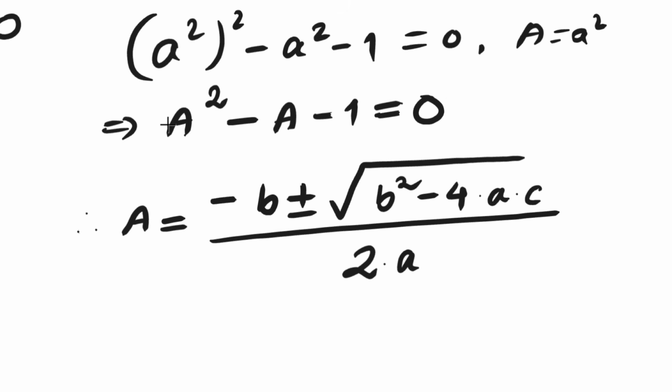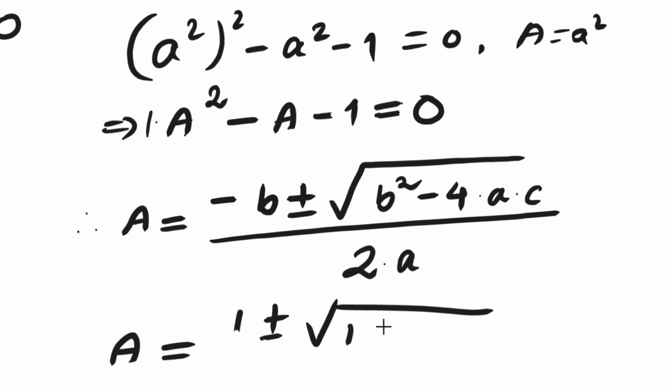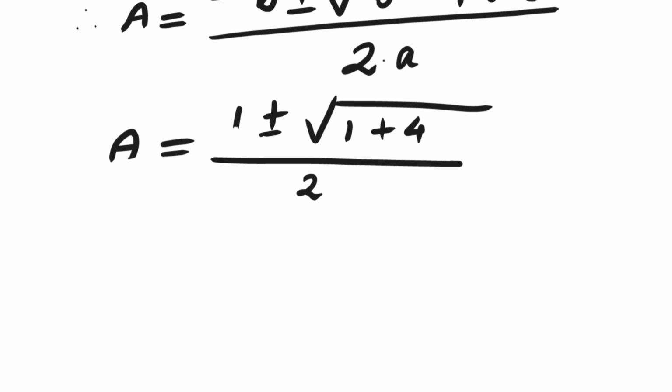Here, the coefficients are a equals 1, b equals minus 1, and c equals minus 1. Now substitute these values into the formula. We get capital A equals 1 plus or minus the square root of 1 plus 4, all divided by 2. Inside the square root, 1 plus 4 becomes 5.